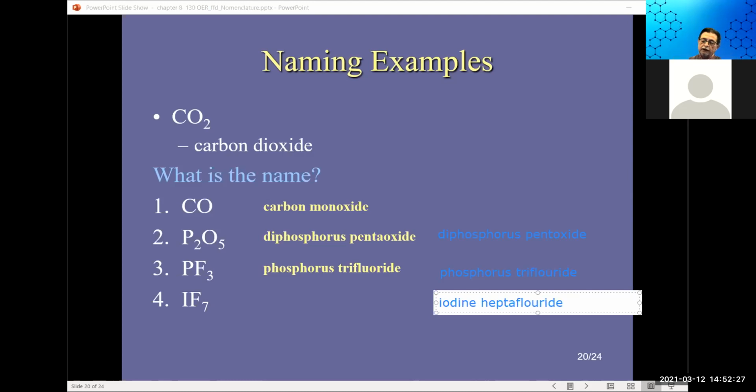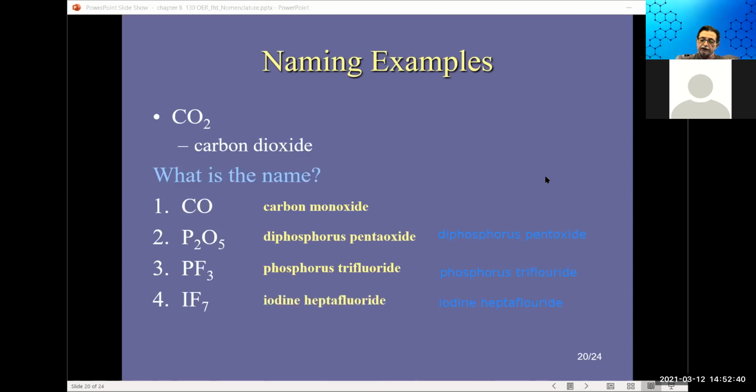Now let me ask you a question here. That is the name. You see the formula. Can anyone calculate the oxidation number of iodine in number 4? What would it be? Now remember, it's not iodide. If it was iodide, then there would be a -1. But it's not. Let's look at the answers.